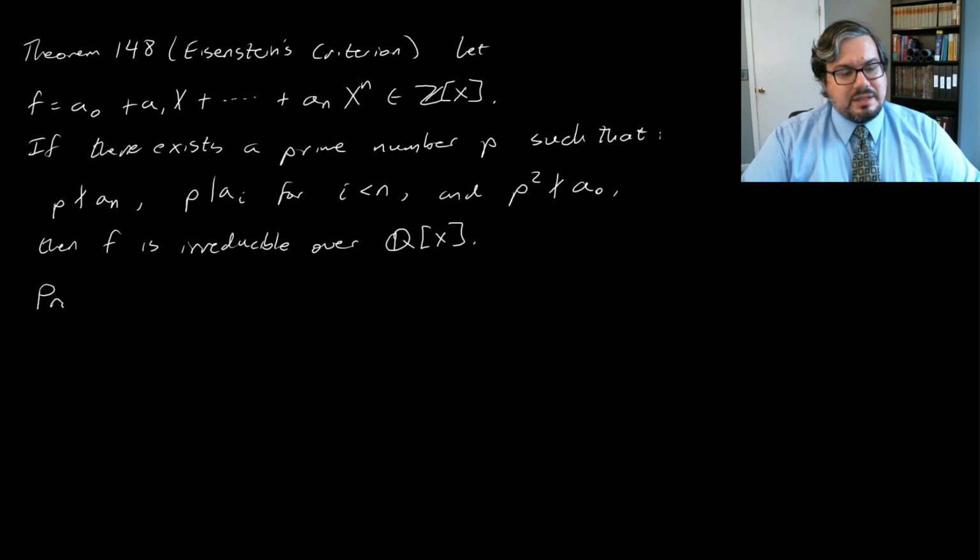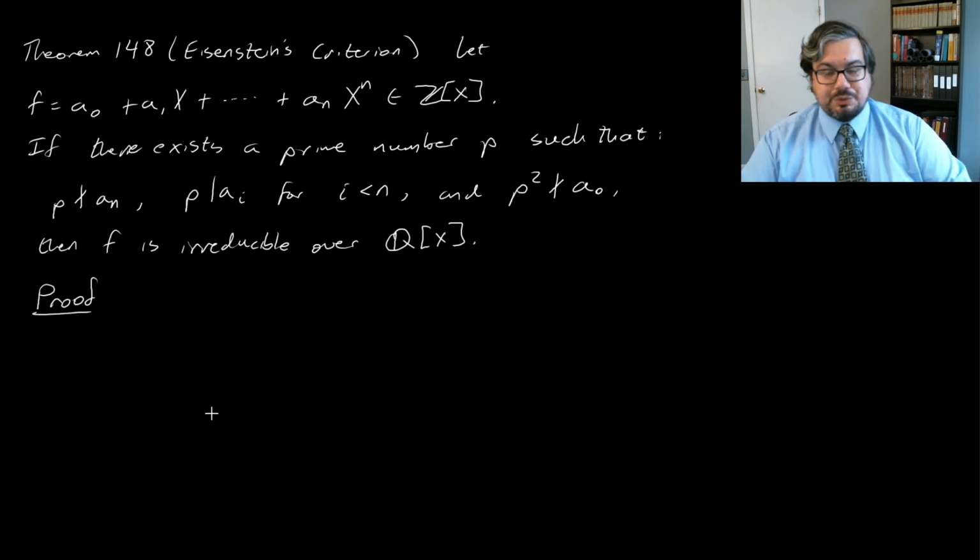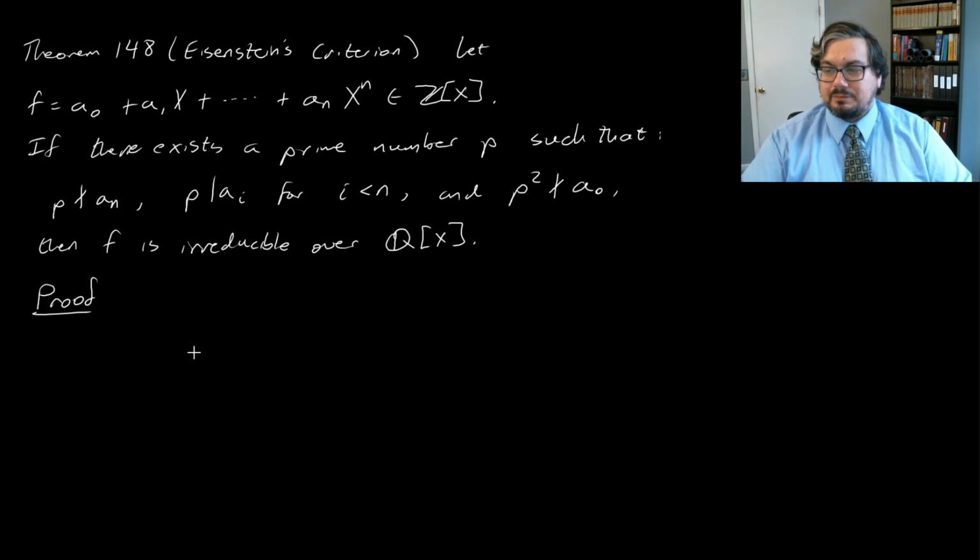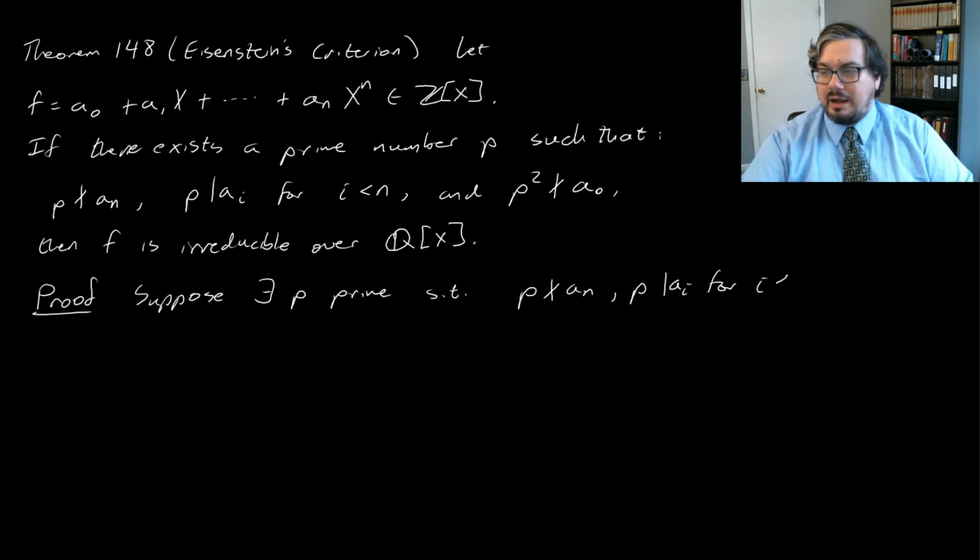All right, so let's see the proof of this. This is similar to, as I said, what we did in Theorem 147. Let's suppose there exists a prime number p such that p does not divide an, and p divides ai for i less than n.